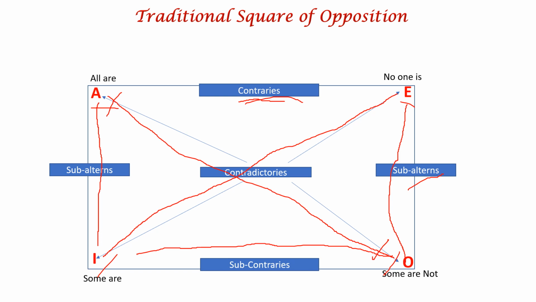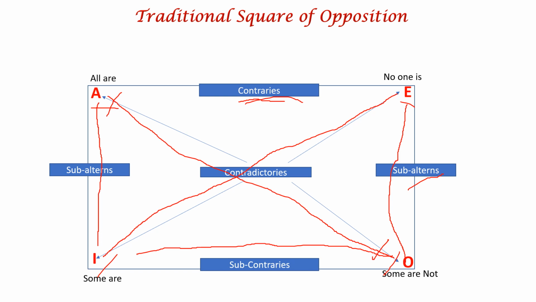That is, if I is false, then O is definitely true because they cannot be false together. But if I is true, we cannot say anything about O. In the same way, if O is false, then I must be true. But if O is true, nothing can be said about I. This is subcontrary.